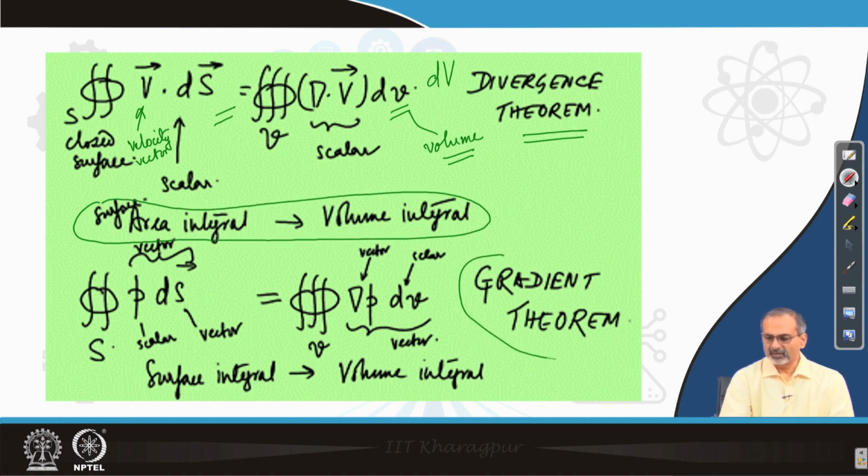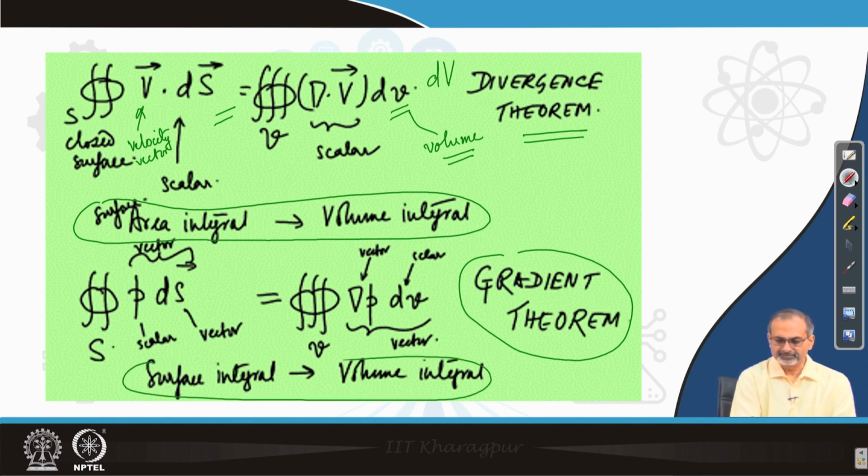Then comes another important theorem, the gradient theorem, which connects the surface integral with a volume integral. Here we are integrating a scalar over the surface, and what you get on the right hand side of the equation according to the gradient theorem is the gradient of the scalar integrated over the volume.